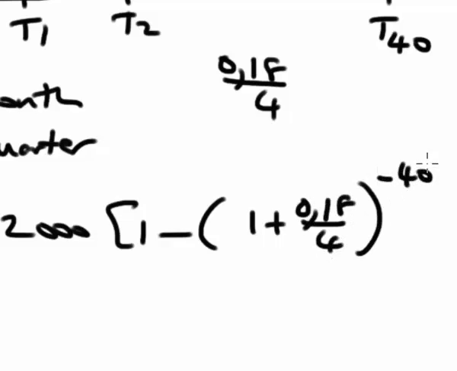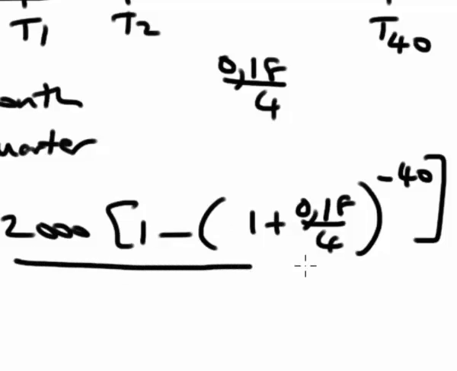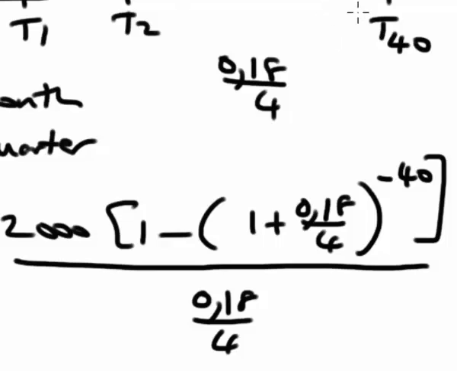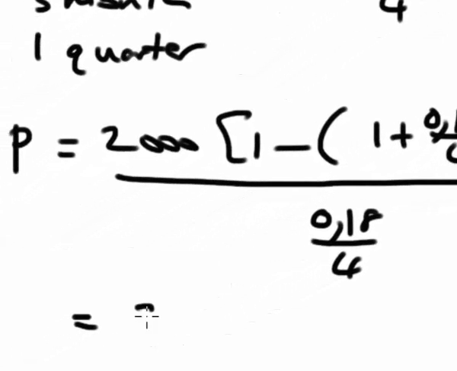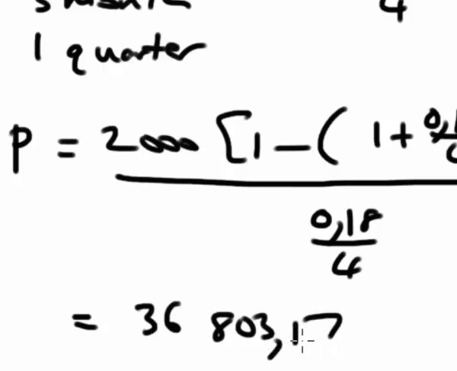There are 40 payments, divided by the interest. Okay, 40 payments there, and there we go. What a pleasure. There you've got it. So you can work it out, and the answer to that will come to about 36,803.17.